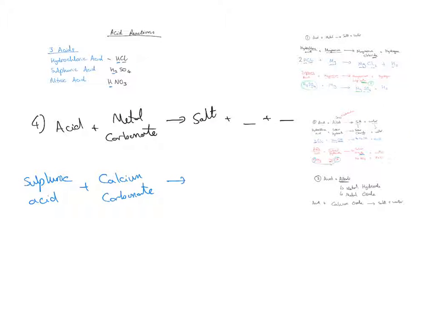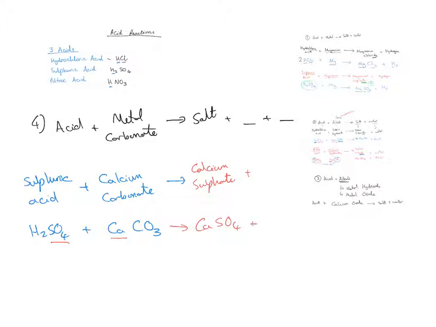So I'm still not 100% sure what I'm producing, so I'm going to put in these symbols. Now my salt is formed from my metal and the acid that I use. So my salt will be calcium sulfate. Remember, sulfuric acid makes sulfates, which would be this.